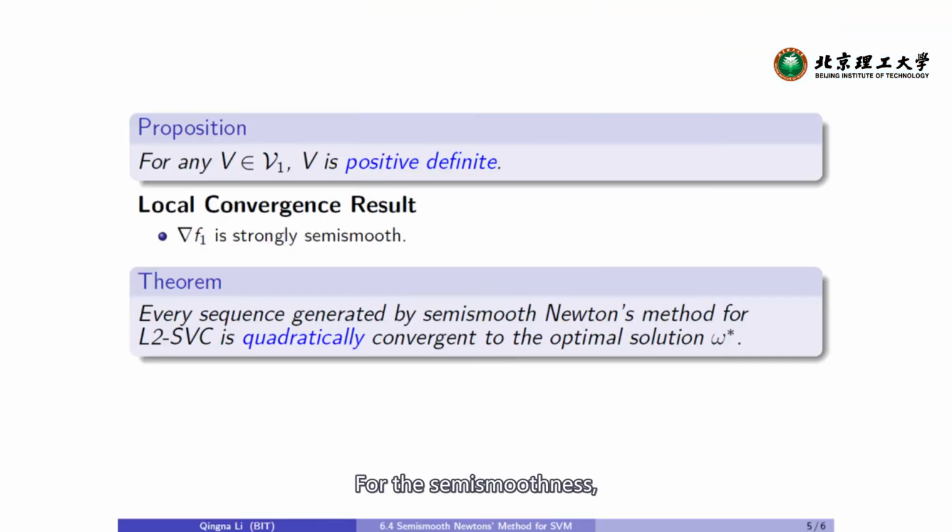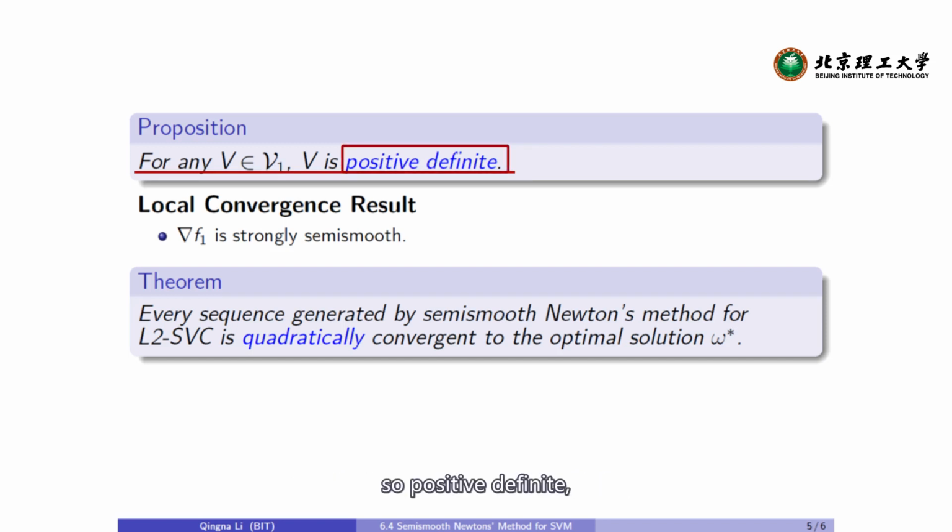For the semi-smoothness, we can already show that the gradient function is strongly semi-smooth, so this satisfies the first condition. And for the second one, we can actually show that any matrix V in the capital V1 is positive definite.